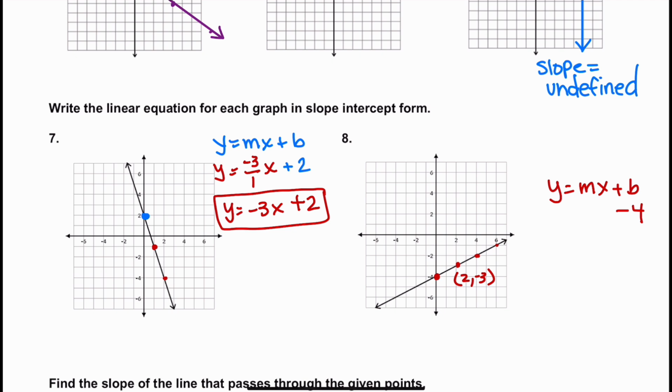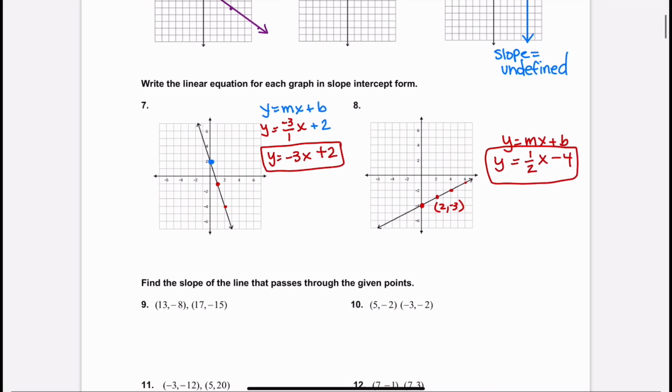And then I'm going to count my slope. My rise is 1 and my run is 2. So it's going to be up 1 over 2. So it's going to be 1 half x. That doesn't reduce at all. So y equals 1 half x minus 4 is the equation for number 8.